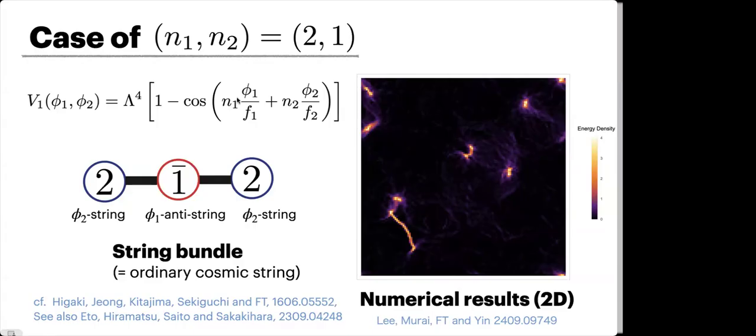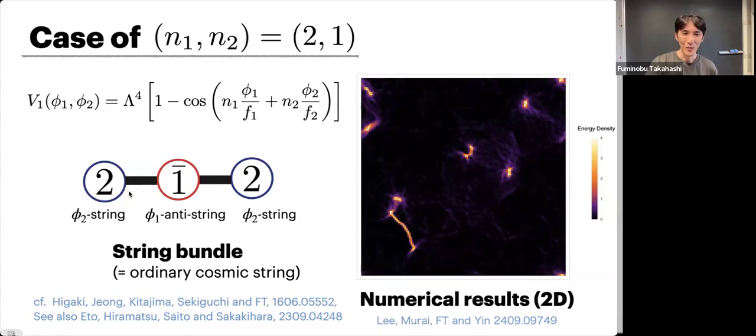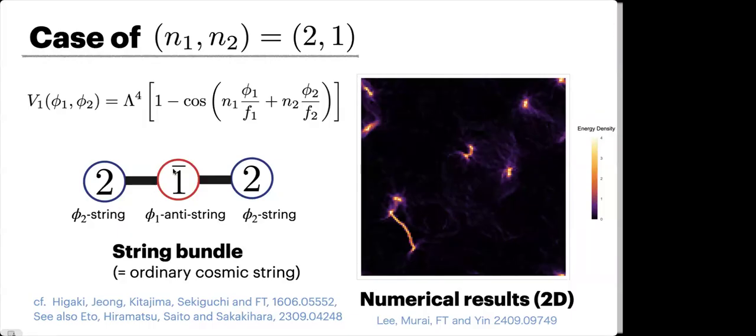And if you cross these domain walls around the phi2 strings, only phi2 changes and phi1 stays almost constant. But this combination gradually changes as you get closer to the phi1 string. And around the phi1 string, only phi1 changes. Okay, I see.